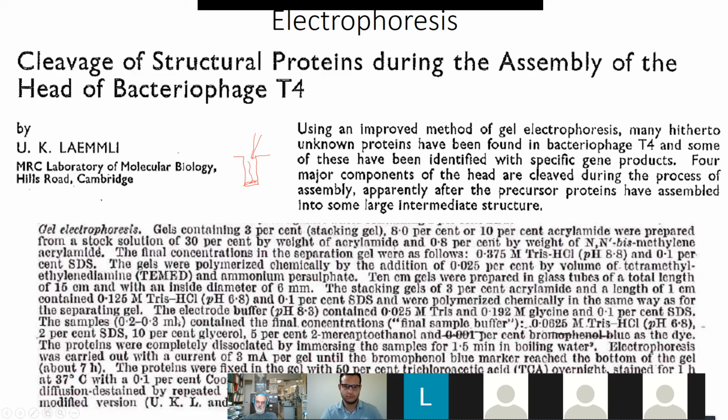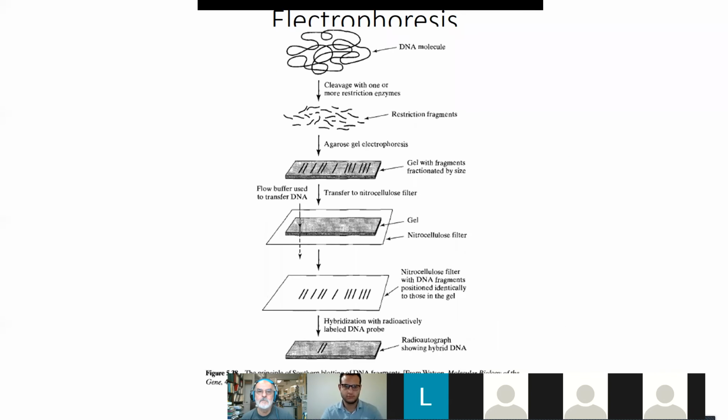You can imagine all kinds of different combinations of pHs and buffer compositions. Okay. The Lemley technique is the one that is, I think, most broadly used. And as I say, my lab continued to use the Lemley system. I used it as a postdoc. So I've used the Lemley system for 40 years.